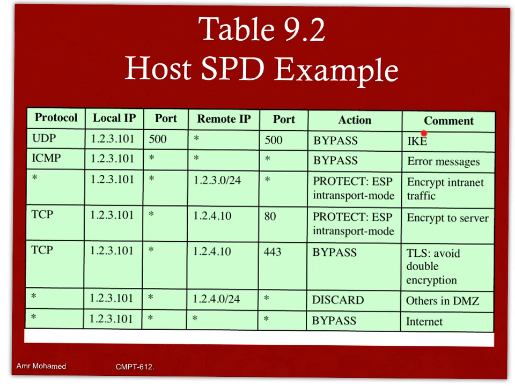Why? Because this is in fact IKE traffic. This type of traffic is to establish the user authentication and key distribution. So it doesn't make sense that this goes through the tunnel. I cannot send that through the tunnel because this is in fact being used to establish the security association.